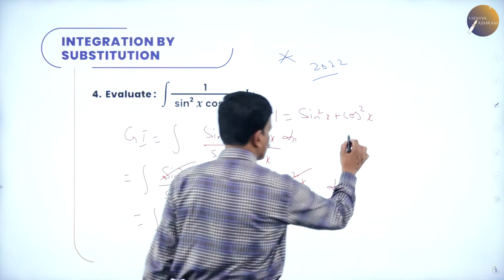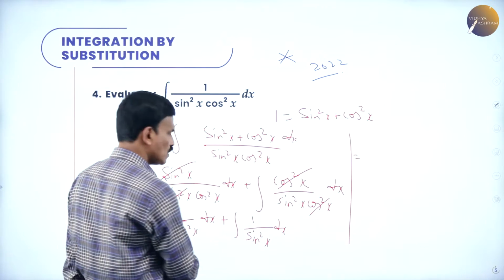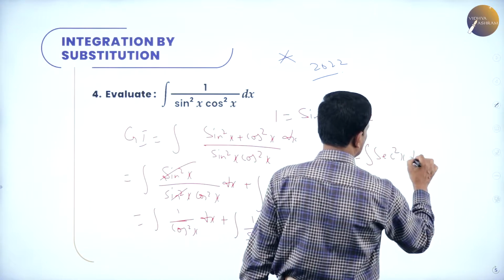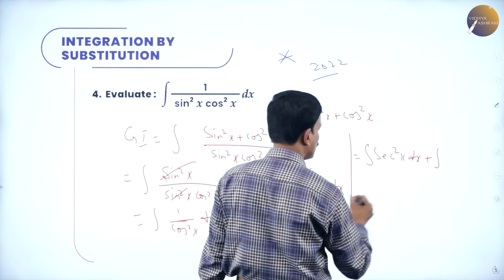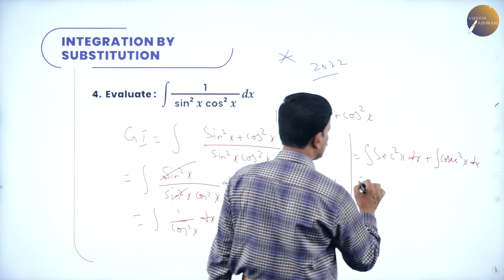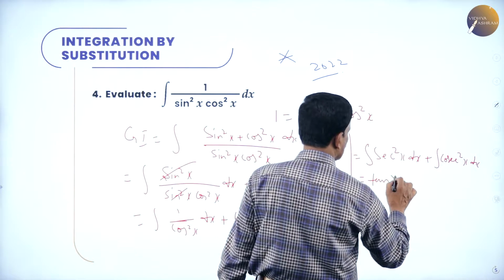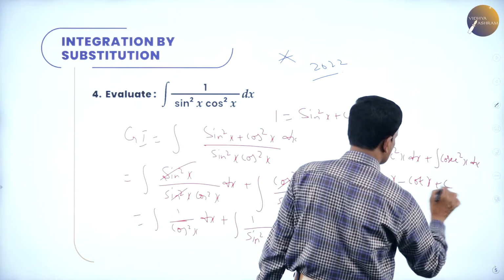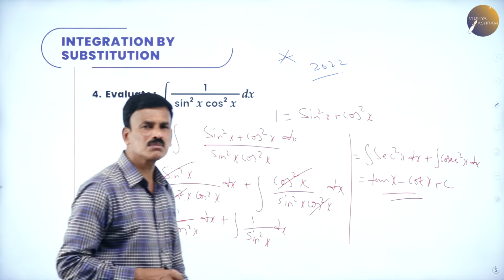Now what is this equal to? This is equal to the integral of 1 over cos square, whose reciprocal is secant square x dx, plus the integral of 1 over sin square, which is cosecant square x. Now the integral of secant square x is tan x and the integral of cosecant square x is minus cot x plus c. So the integrated answer is tan x minus cot x plus c.